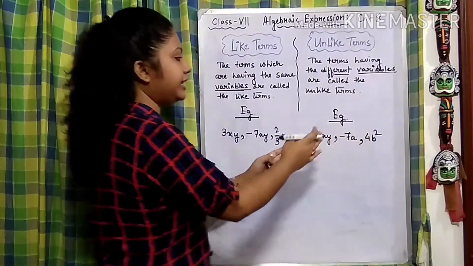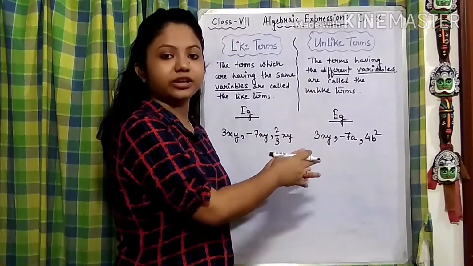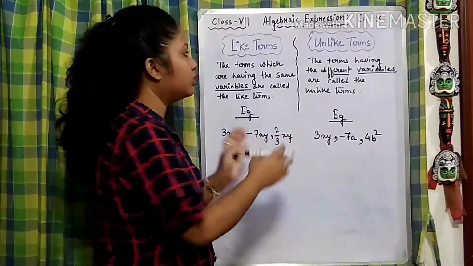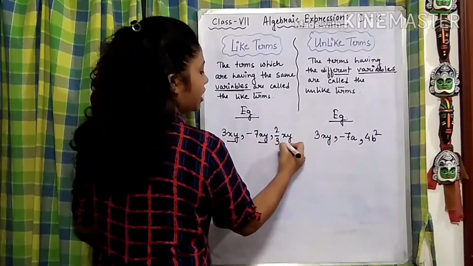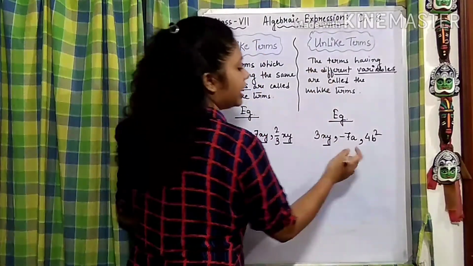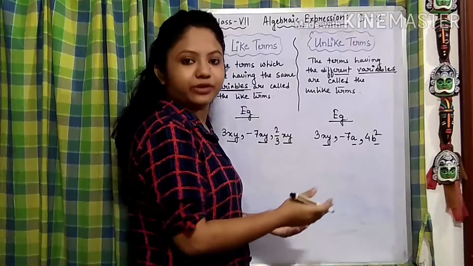All the variable factors in these terms are different. So this is how we understand like terms, which have similar variable factors, while in unlike terms, all the variable factors are different.